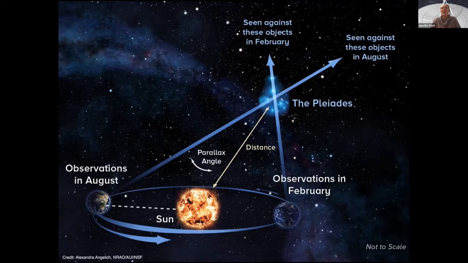And if you know the distance from the Earth to the sun, and you know the distance that the Earth has traveled in its orbit, then you can very carefully and precisely calculate the distance to that star that appears to move. In this way, the Gaia satellite is able to map the distances to billions of stars very, very precisely.